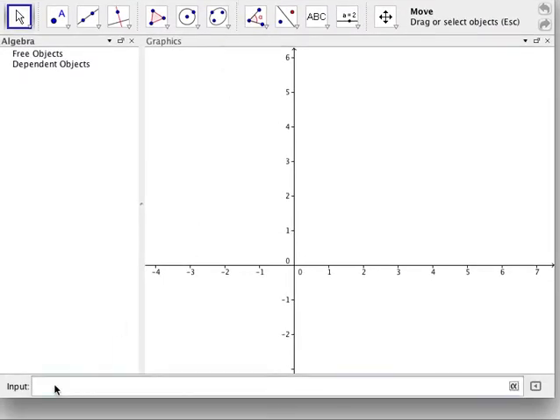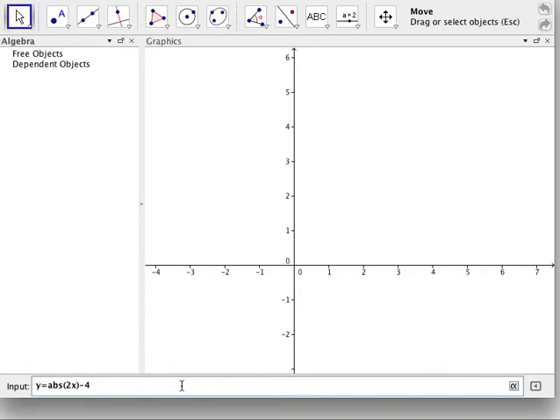You're going to go down to input, and you're going to type in y equals. Now the question is, what do you do about those absolute value signs? This one will work if you do absolute value of 2x and then put minus 4. So the absolute value, ABS. So y equals ABS, parentheses, 2x, parentheses, minus 4.